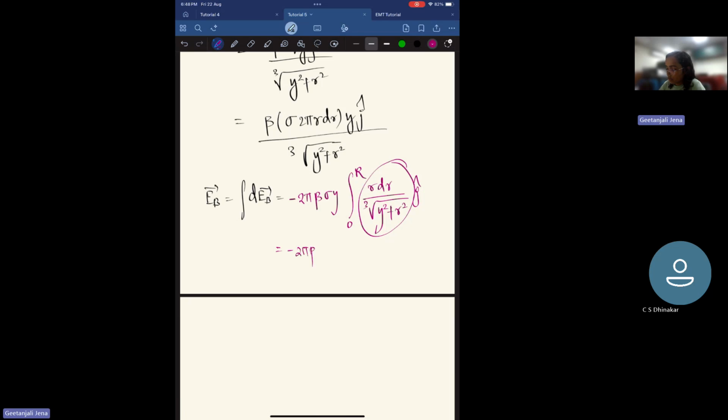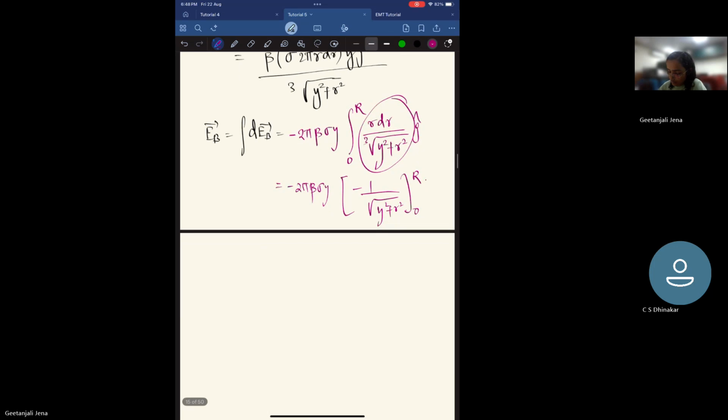So 2 pi beta sigma y, minus 1 by square root of y square plus r square, from 0 to 1. So we have 2 pi beta sigma y, 1 by y minus 1 by square root y square plus r square.